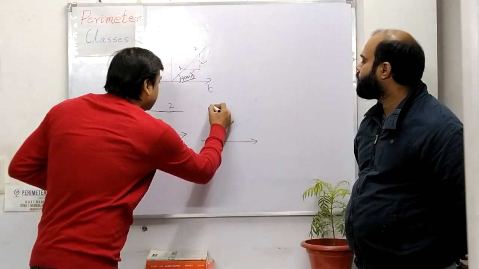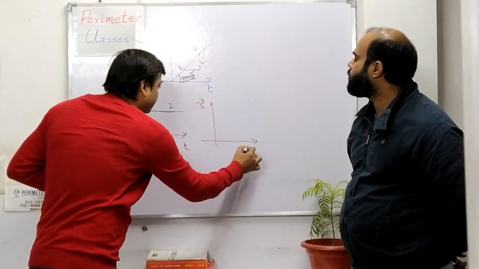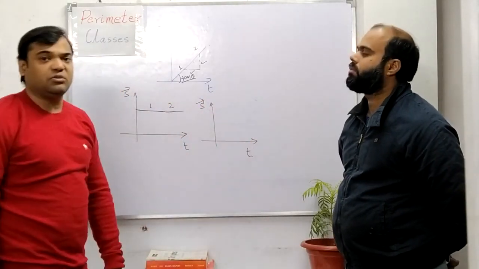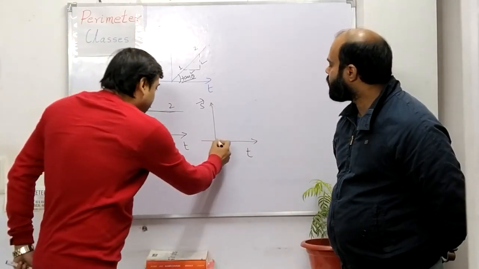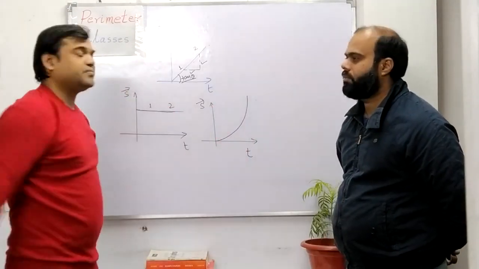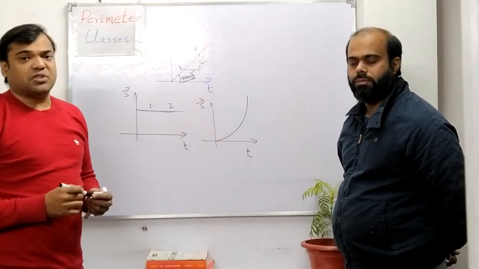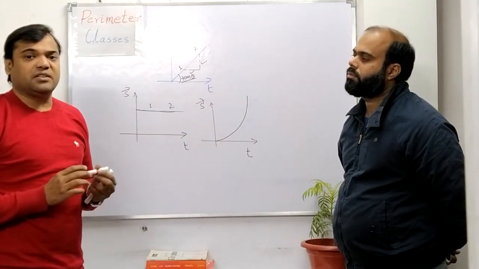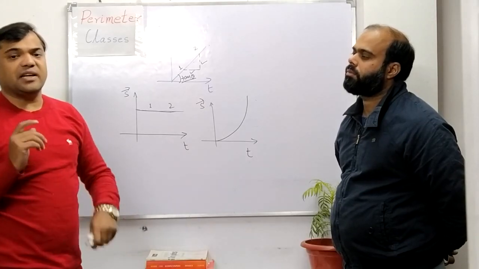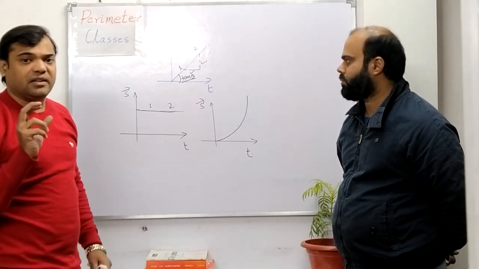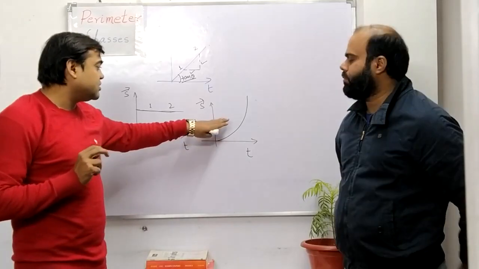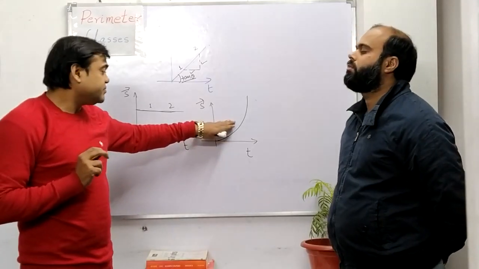So let us discuss another graph in which the motion is not uniform. A graph is given like this. Can you say something about the type of motion here, whether velocity is constant, 0, increasing, decreasing? Can you infer any value about the velocity here?